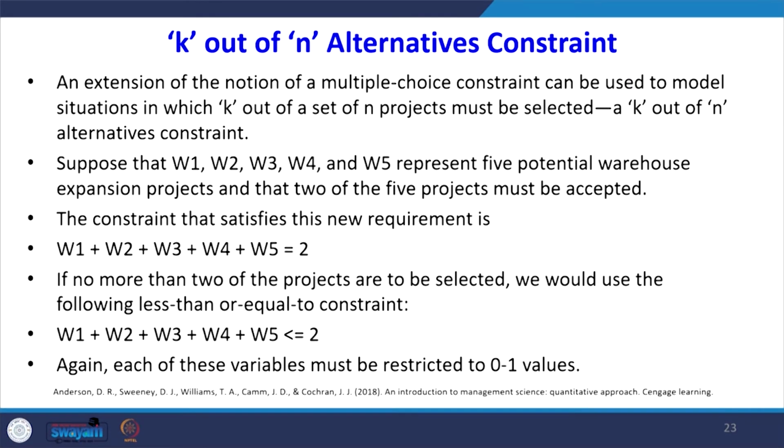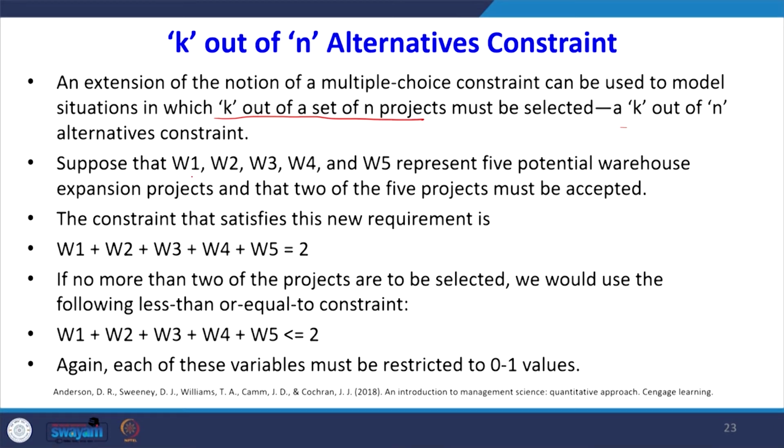Now there may be a situation of a k out of n alternative constraint. An extension of this notion of multiple choice constraint can be used to model situations in which k out of a set of n projects must be selected.